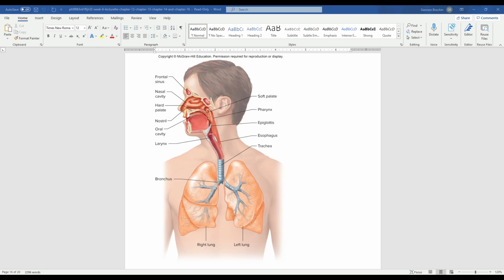So the lower respiratory system, on the other hand, or the lower respiratory tract, begins with the trachea, the bronchial tree, and the lungs themselves. Okay, so once you get through the larynx and enter the trachea, that really is where the lower respiratory tract begins.